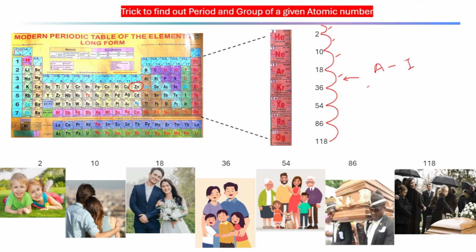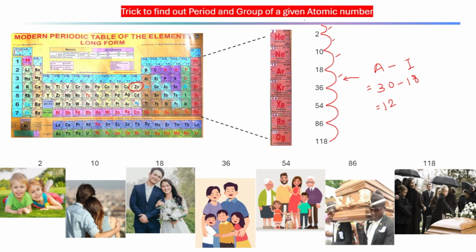As A you are given 30, so you do 30 minus 18, since the previous inert gas has atomic number 18, and you will get 12. So this element will be in period 4, group 12.